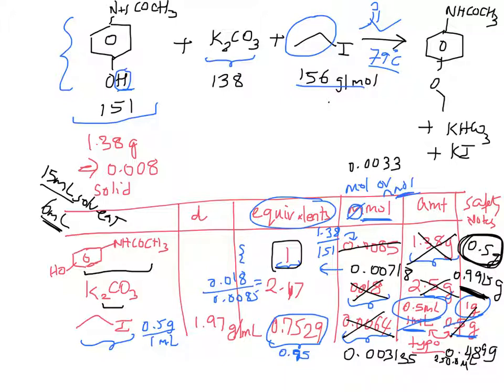Anytime that it says filter, we will not filter because we will not have enough material. We are just going to allow the unreacted K2CO3 to settle down, and we will decant. So we will only remove the liquid part from your reaction flask and wash it with ether, and that's pretty much it.